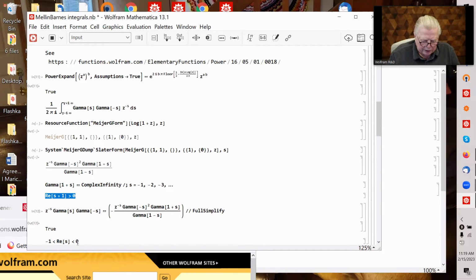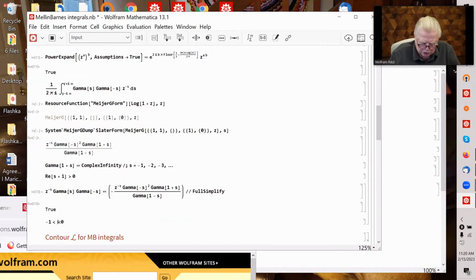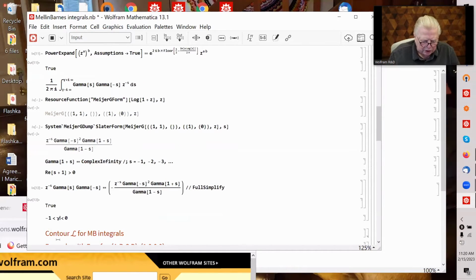And we can write condition that minus 1 and real s should be more than. So this is gamma, which you see in integration, contour of integration.